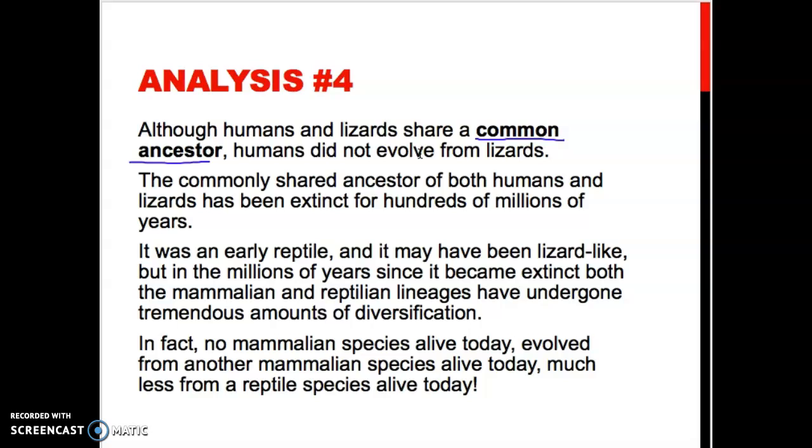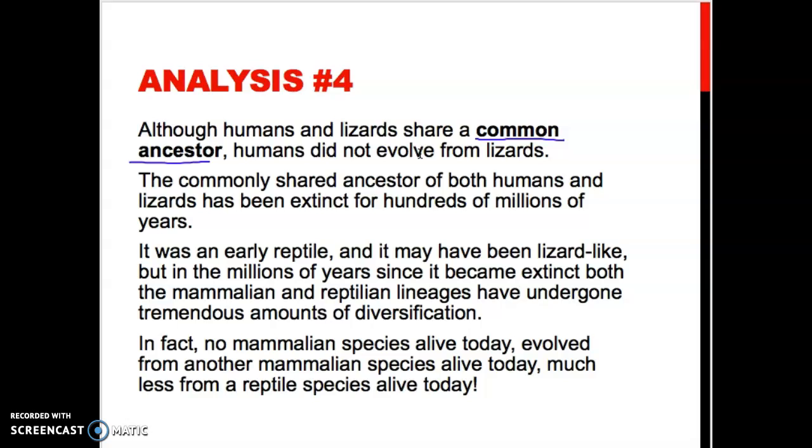So everything that's alive on the planet today evolved from something that's already extinct. So there's no way to say that humans came from lizards. That doesn't make any sense. Humans came from another type of human, and the lizards we have today came from another type of lizard.